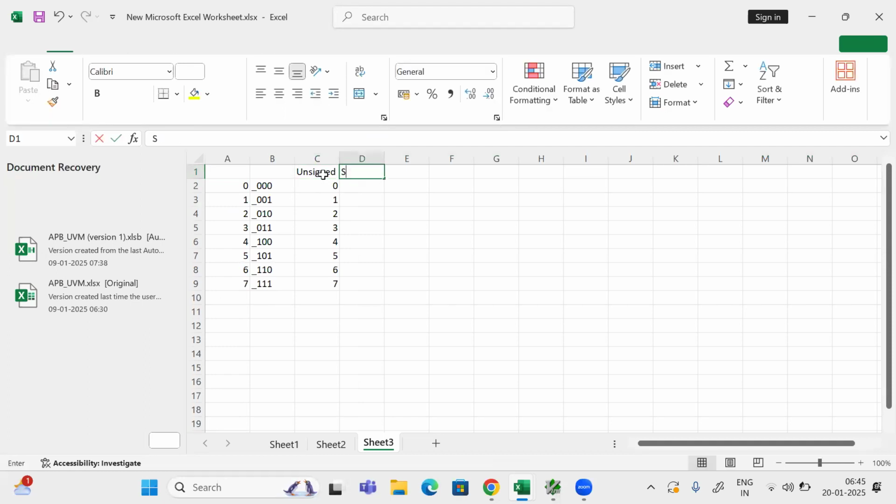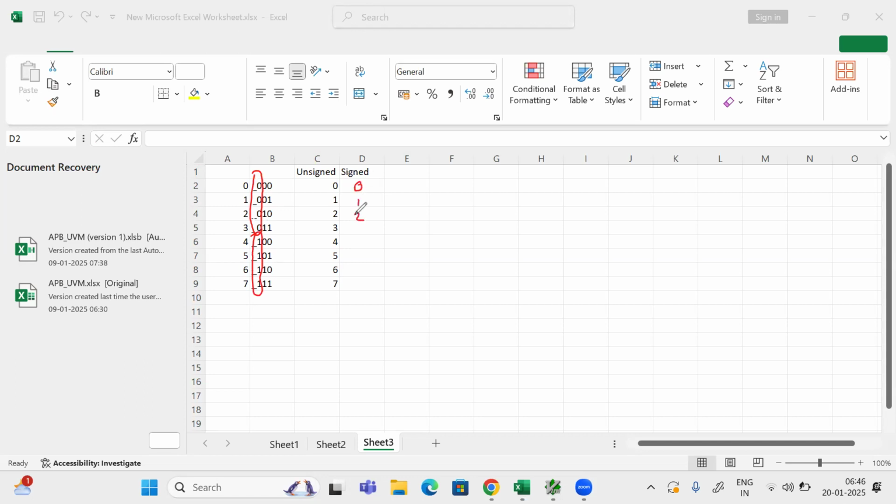When it comes to a signed one, with an initial zero and in the beginning one, what do you call this? Signed. Zero means positive or negative? Positive. One means negative, right? That is what we have learned.